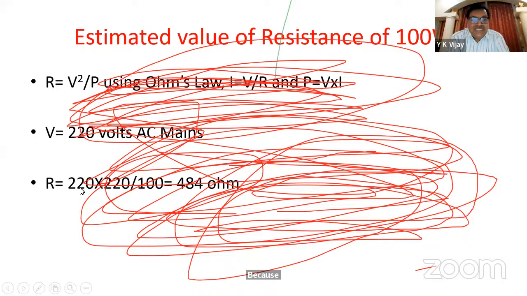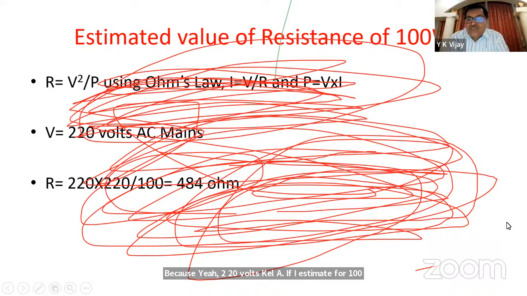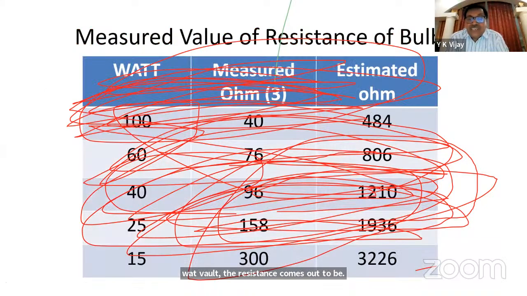Yes. Yeah, for 220 volt, if I estimate for a 100 watt bulb, the resistance comes out to be 484 ohm. Okay. So this we can do for different bulbs available in the market. For example, 100 watt or 60 watt or 40 watt, 25 watt and 15 watt.